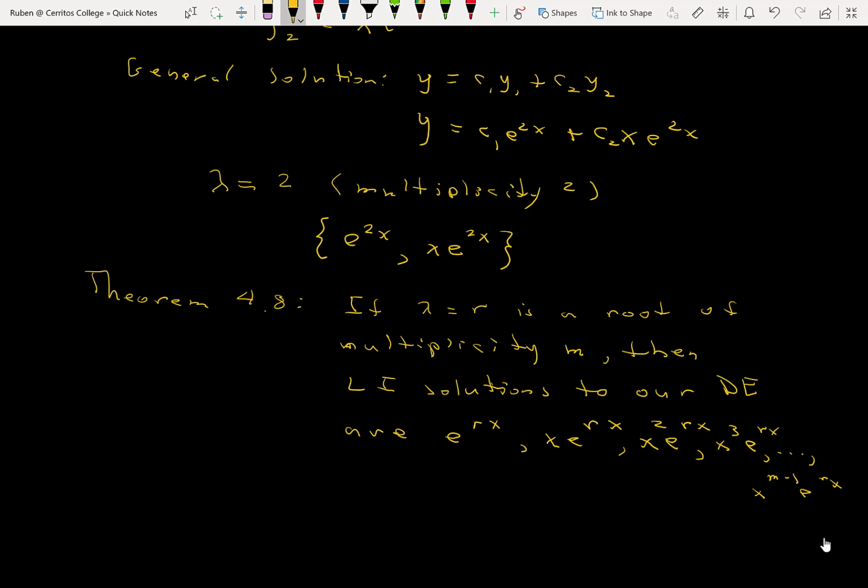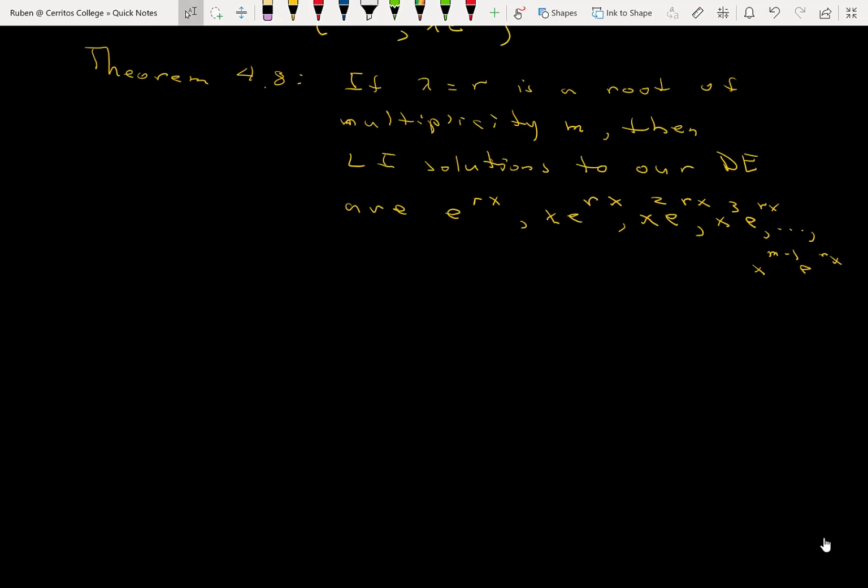Okay, so basically to find linearly independent functions, if we have a root of a particular multiplicity, we do the following. So here's a final example to finish off this case. Suppose we were solving a differential equation and we found our auxiliary polynomial to equal lambda plus 2 cubed.